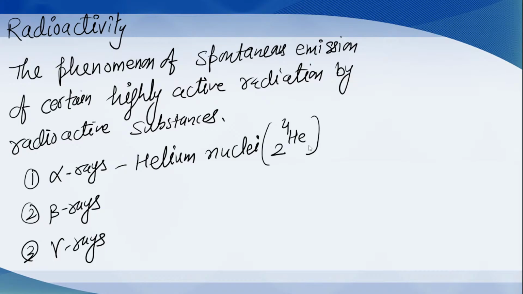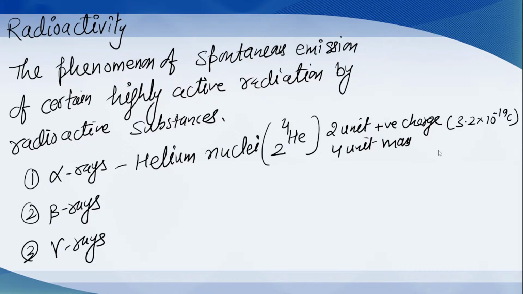It has 2 unit positive charge and 4 unit mass. 2 unit positive charge means 3.2 into 10 raised to power minus 19 coulomb, and 4 unit mass means 6.6 into 10 raised to power minus 24 gram, right? Helium will have 2 electrons less.